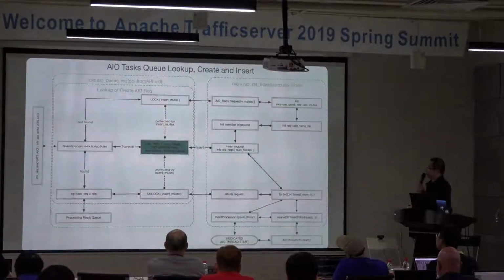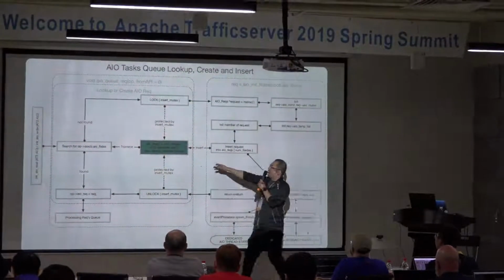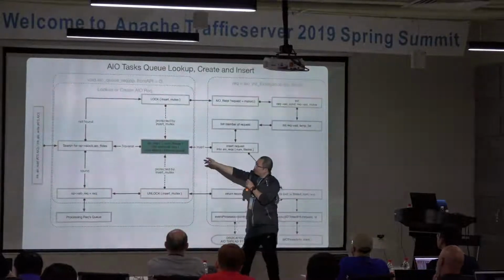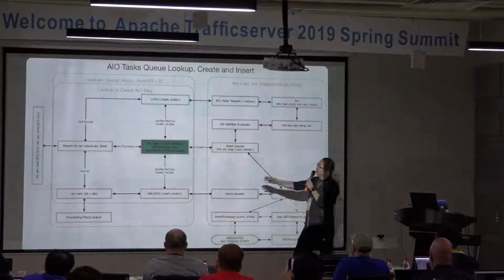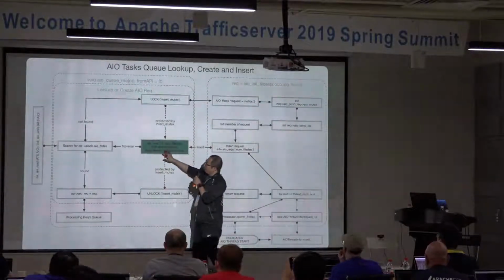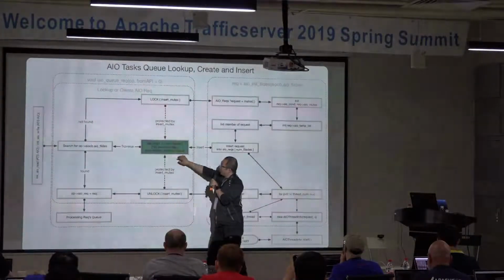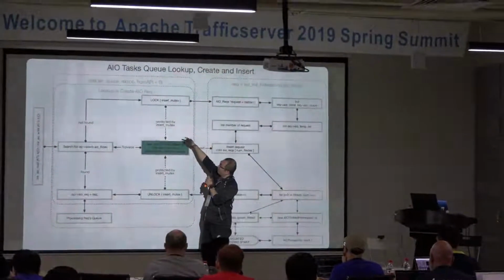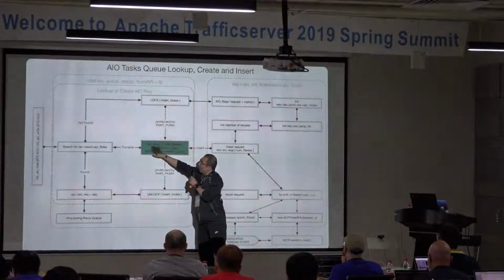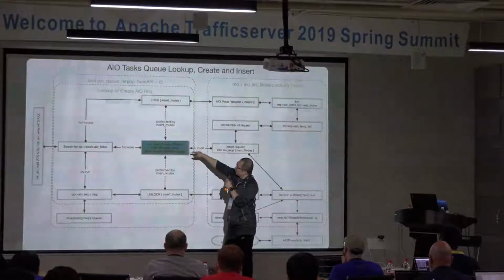So we can see AIO requests into the array.